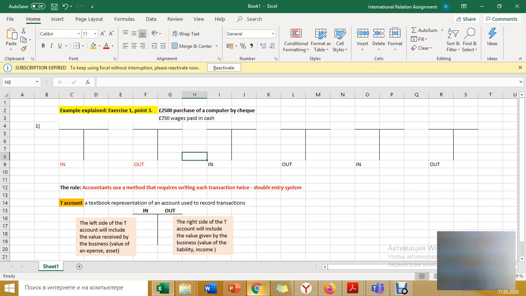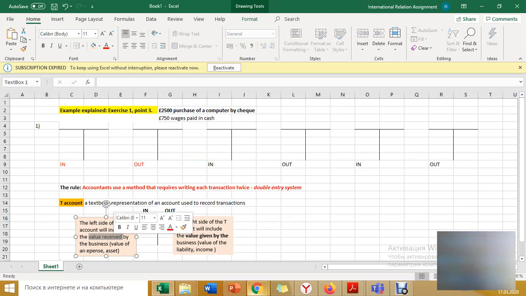So how are you going to put it on a T account? The left side will include all the value received by the business, assets, expenses, and the right side is going to include the value given by the business, right? So value received, or what goes in, and value given.